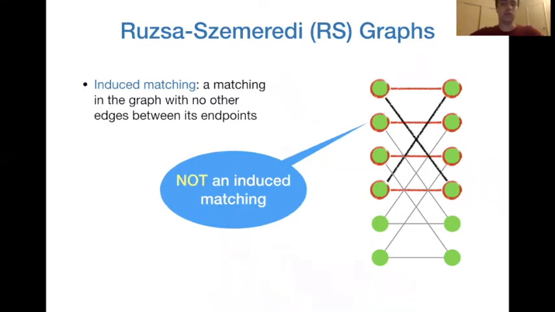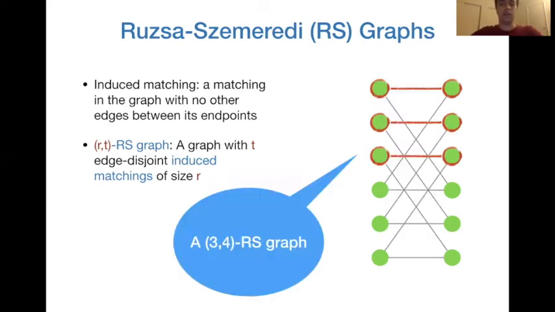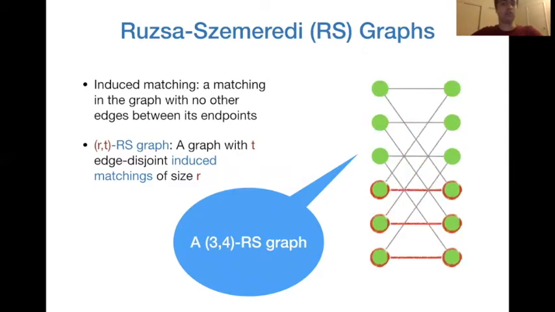And this is not an induced matching because of these two other edges. And now a graph is called an (R,T)-RS graph if it has T edge-disjoint induced matchings of size R. So this graph on the right is a (3,4)-RS graph. This is one induced matching, another one, another one.